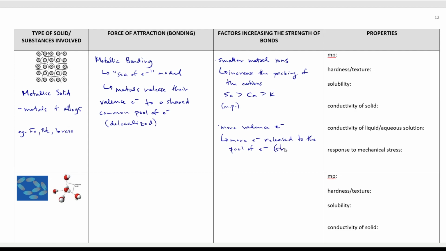So you have a stronger force between the pool and the cations.